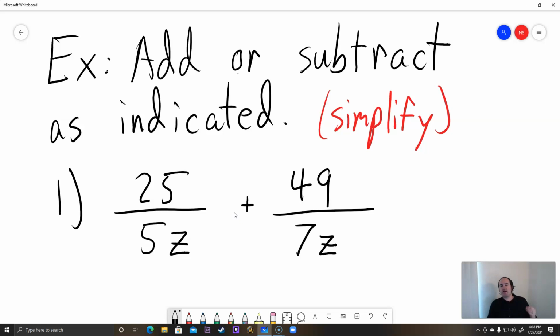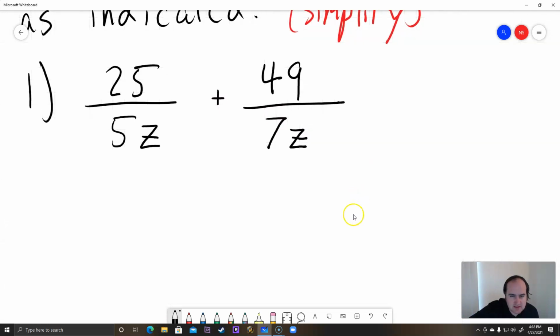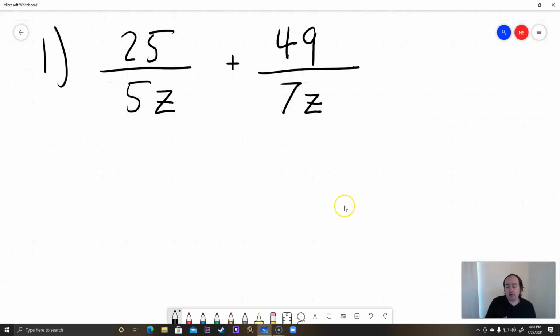These are unlike denominators because they're different. So in order to combine these, we need to build them so that they do have the same denominator. And the way I usually teach it is you want to multiply by what's missing to build to the same denominator.